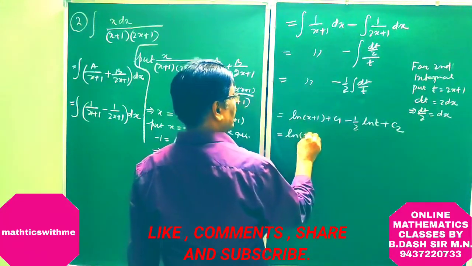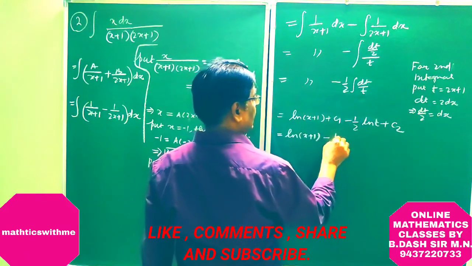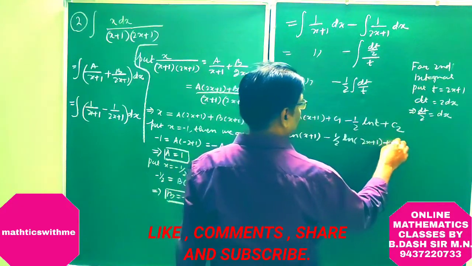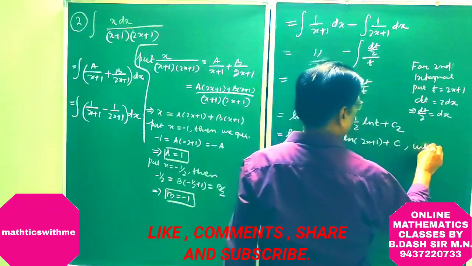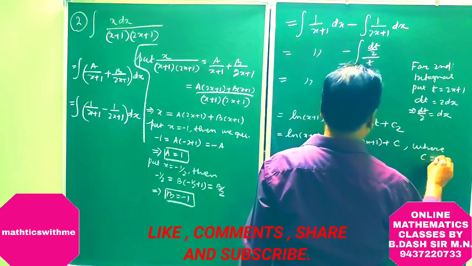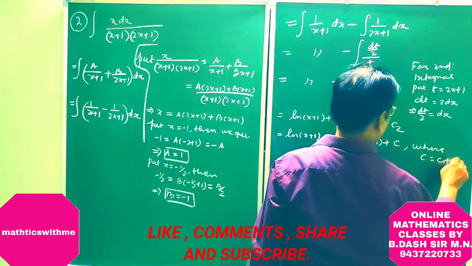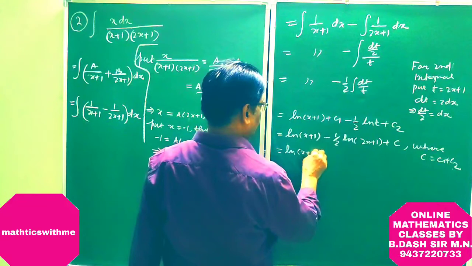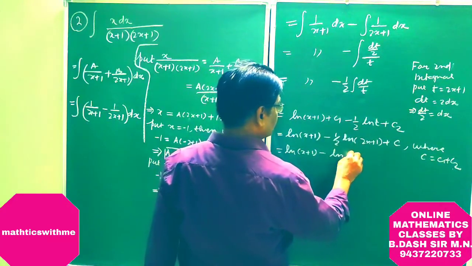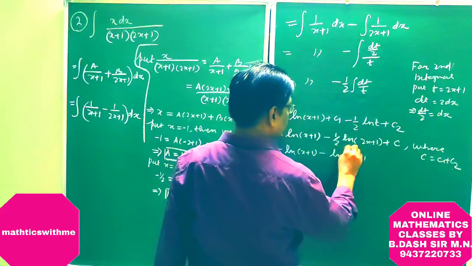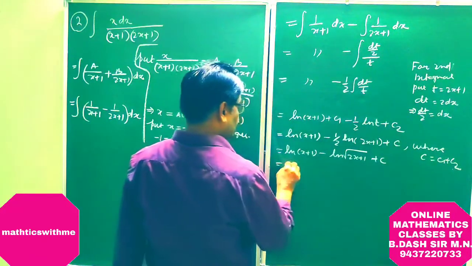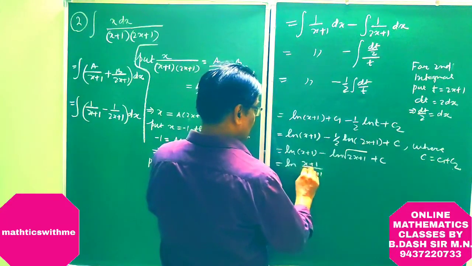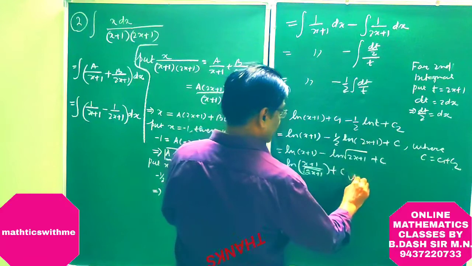This is ln of x plus 1 minus 1 by 2 ln of 2x plus 1 plus c, where c is equal to c1 plus c. This is equal to ln of x plus 1 minus ln of root over 2x plus 1 plus c. This is equal to ln of x plus 1 by root over 2x plus 1 plus c.